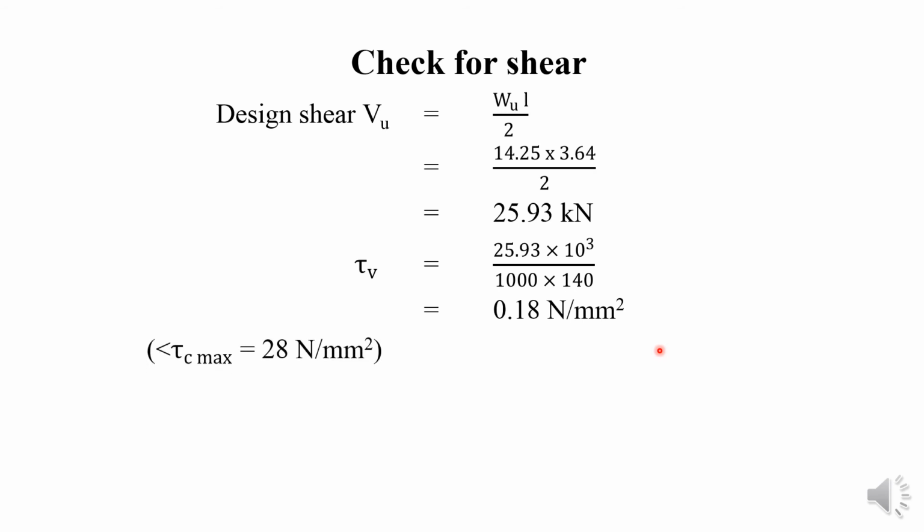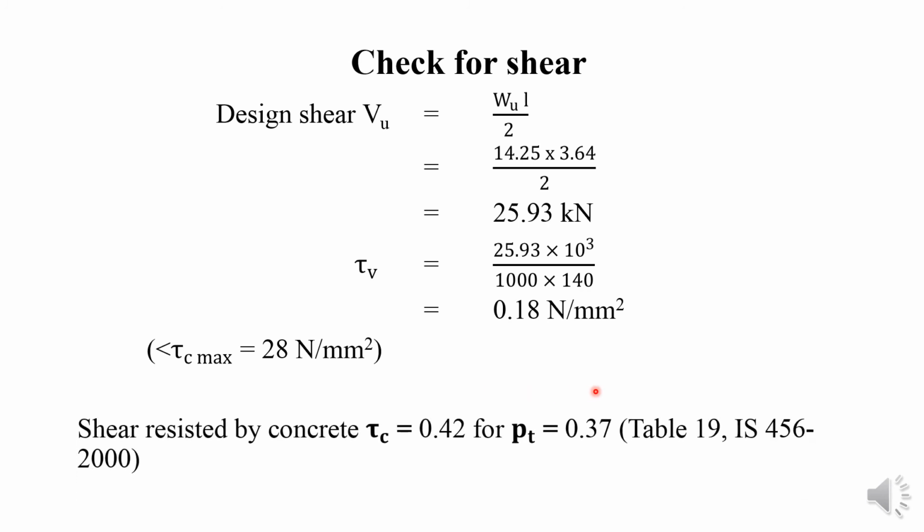Tau c max also we take from table 20, we are getting 2.8 Newton per mm square. Then to check the tau c value, we determine the percentage of steel reinforcement, that is 0.37. From that we find the tau c value is 0.42 from IS 456 2000. Here tau c is greater than tau v, hence the shear check is also okay.